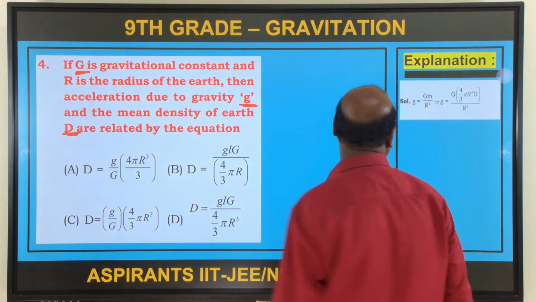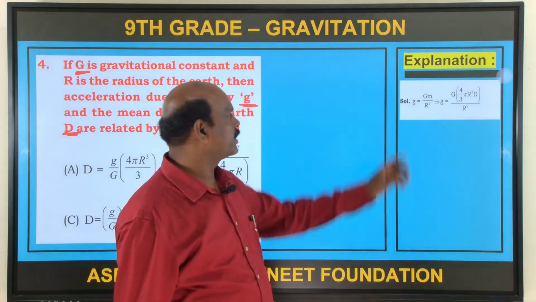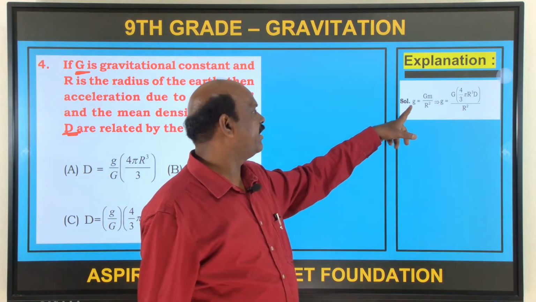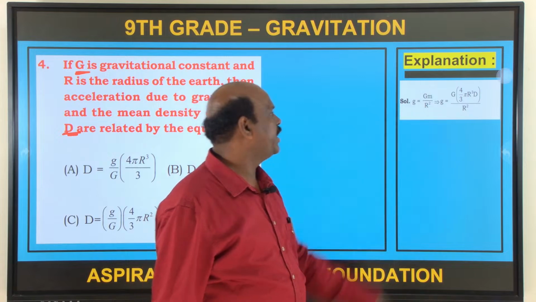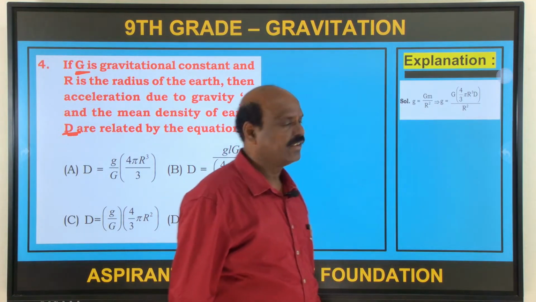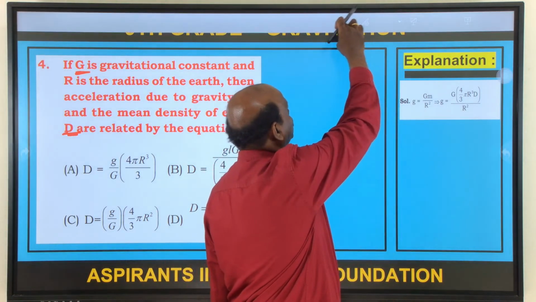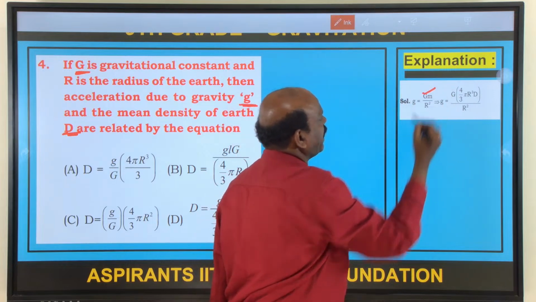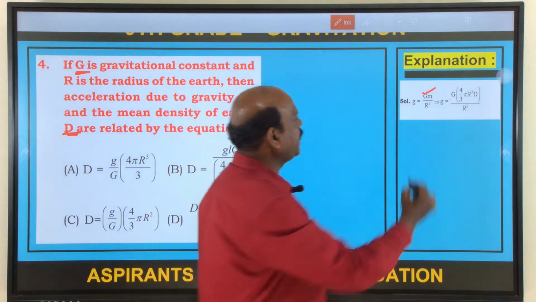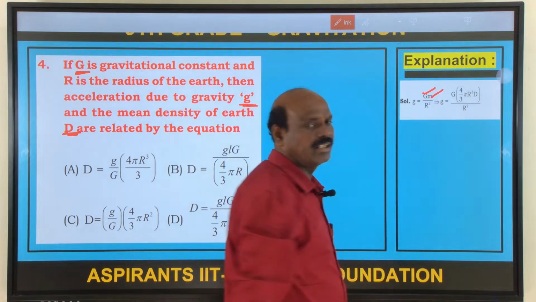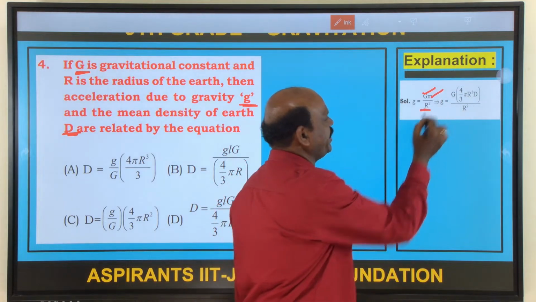You can see the formula here. According to our concept, acceleration due to gravity g is equal to G M by R squared, where G is the universal gravitational constant, M is the mass of the object and R is the radius or distance.